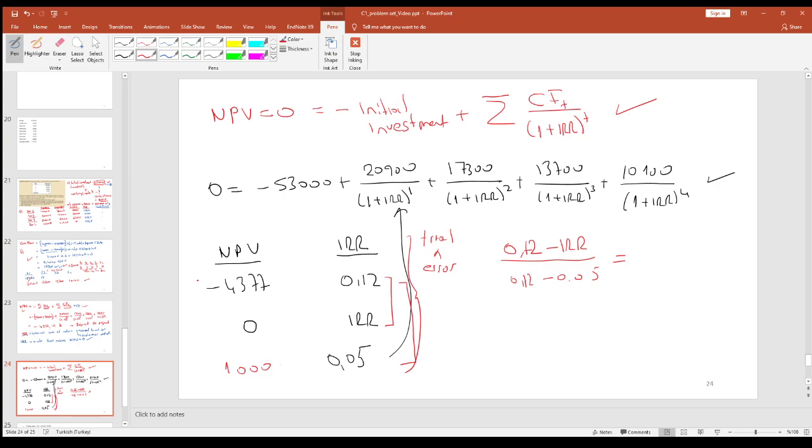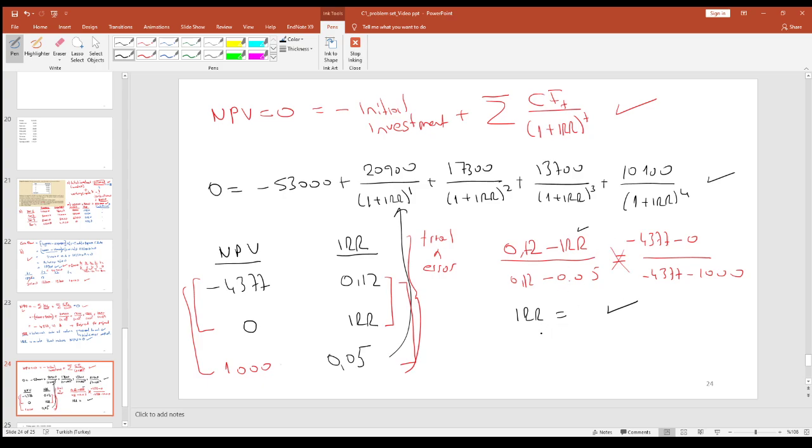This should be equal to this distance, minus 4,377 minus 0, and the distance between these two figures, minus 1000. So, by cross multiplication, the only unknown in this exercise is the internal rate of return. If you leave internal rate of return alone, you will solve this equation.